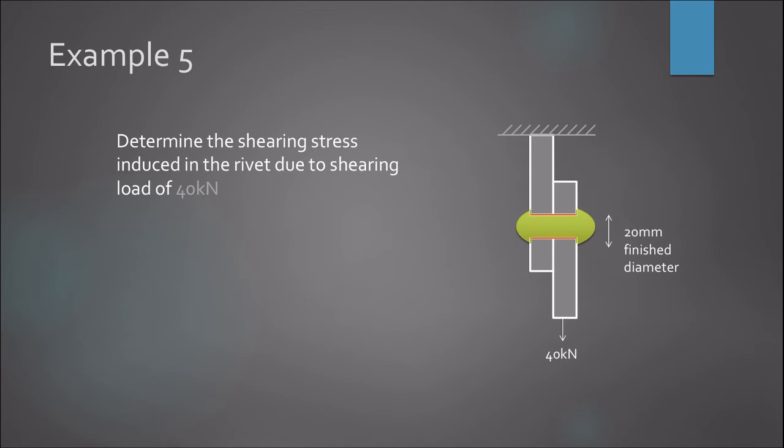Determine the shearing stress induced in the rivet due to the shearing load of 40 kN. Here also dia bagi diameter of the rivet tu 20 mm, right? Therefore area dia adalah this one lah, okay, because dia tarik 40 kN, cross section rivet tu 20 mm.